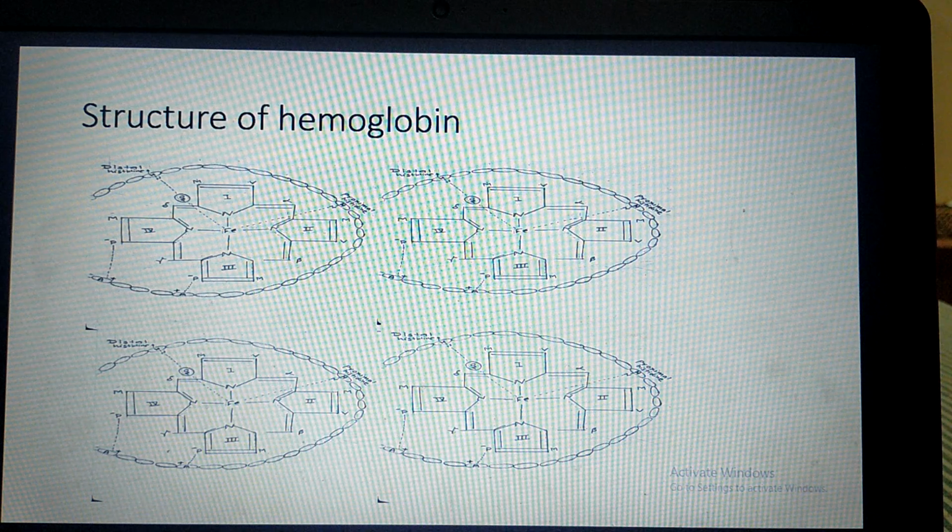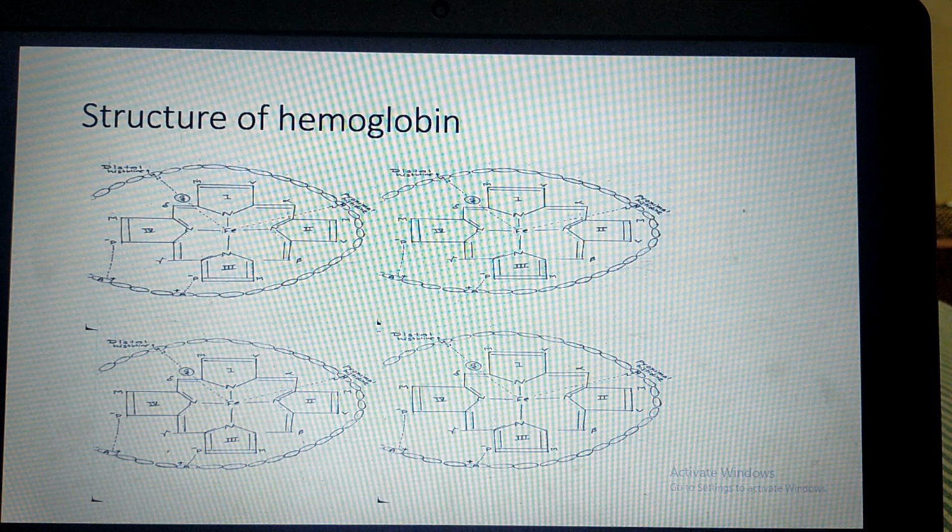4 hemoglobin subunits combine and form one hemoglobin molecule. Hydrophobic bonds, van der Waals forces and some electrostatic bonds are present between these 4 hemoglobin subunits. So this is the structure of the complete hemoglobin molecule.